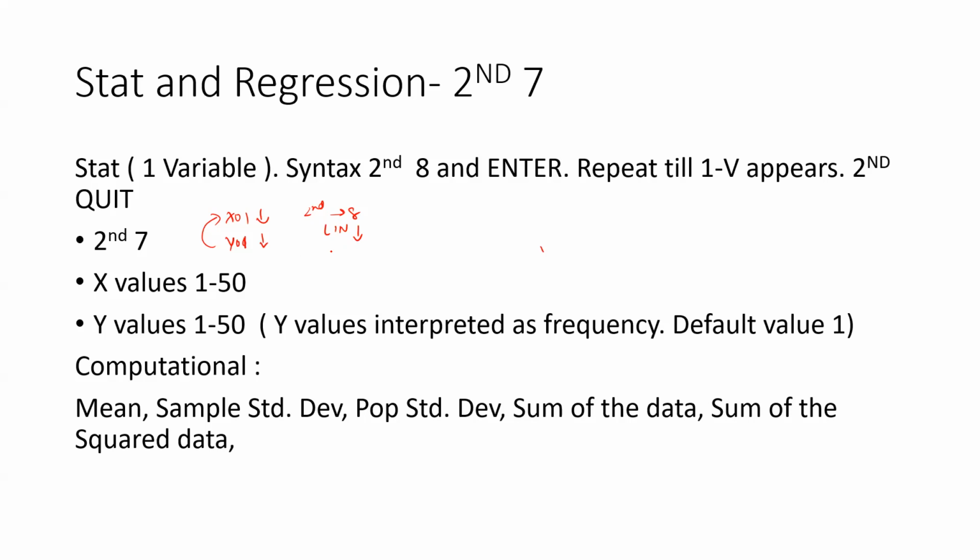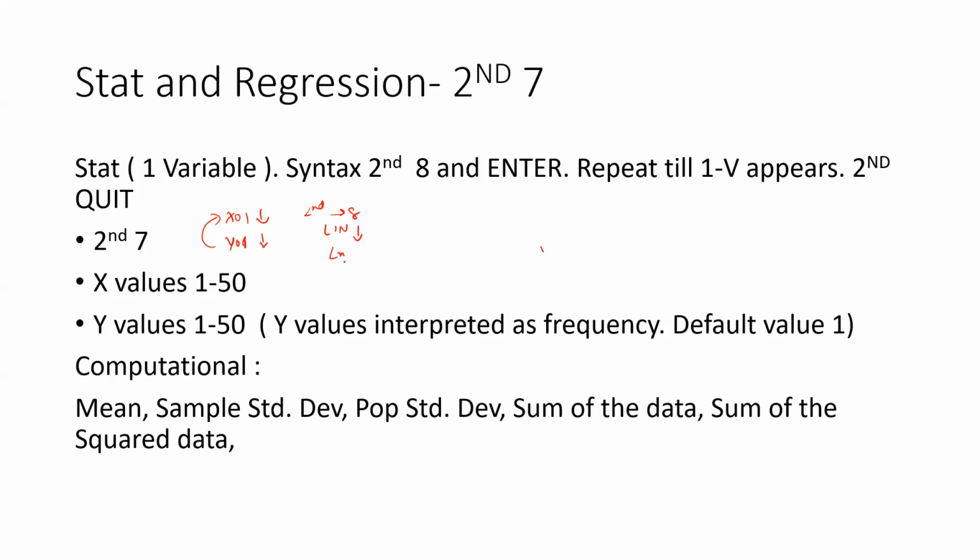Don't press the down key again. Press the up key and come back to LIN. Now keep on pressing 2nd enter. The first time, the next value that comes is ln.